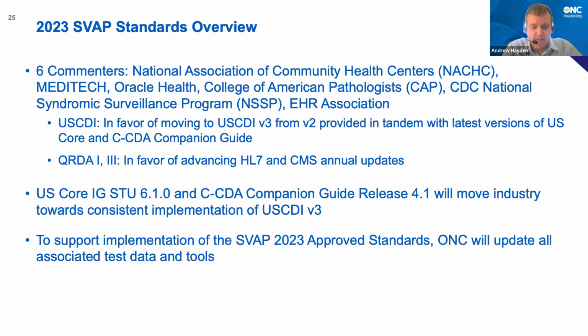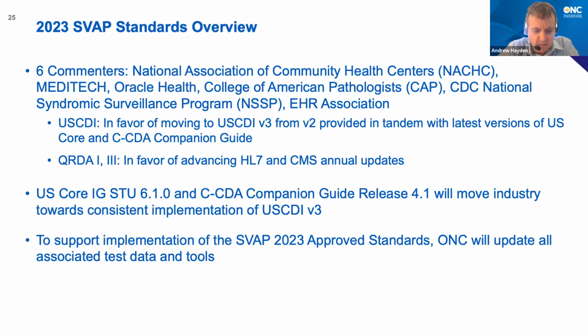quality reporting program. And we have as well US CDI V3, and we'll see a list of the standards coming up, but US CDI 3 and US Core STU 6.1.0 and the CCDA companion guide, release 4.1, and all 3 of those standards will move the industry towards consistent implementation of US CDI v3.